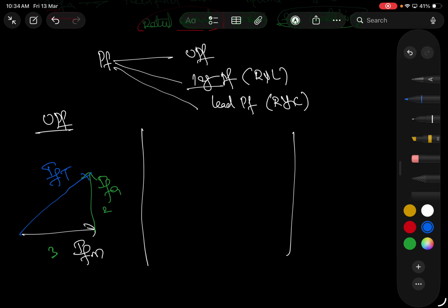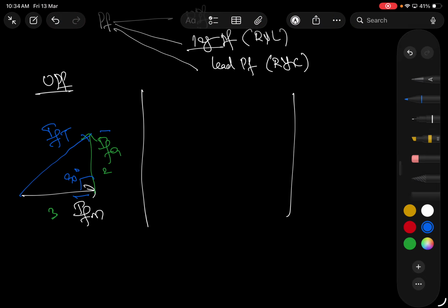Remember, I am repeating: we just calculated two parameters, IFM, the main field current, and IFA. Both are not arithmetic values; these are phasor parameters. For unity power factor they are shifted by 90 degrees. So the resultant IFT is the phasor sum of these two: IFT is the phasor sum of IFM plus IFA.